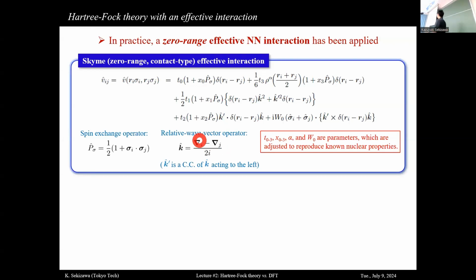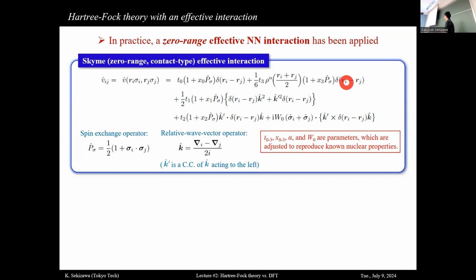But anyway, people started already with a complex parameterization of the two-body interaction. An important point is here. It also contains the rho to the alpha here, and this rho is a one-body density. So this effective interaction depends on the density itself.